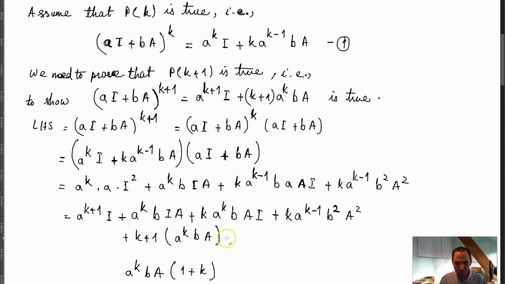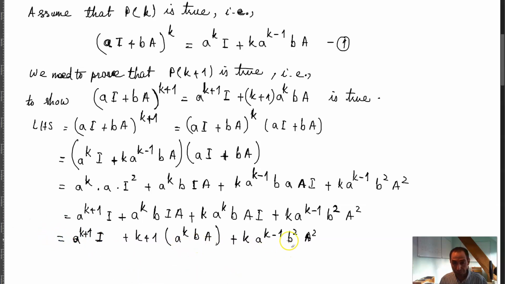Okay. Now, what I have here is K times A raised to the power K minus 1 times B squared times A squared, and over here I have A raised to the power K plus 1 times I. And what that means is that I need to end up with basically this expression here.